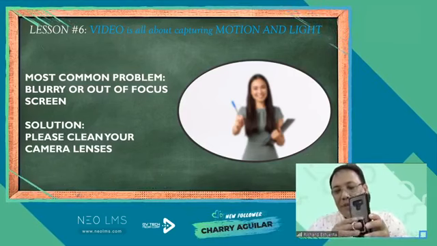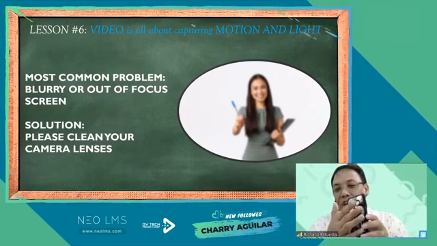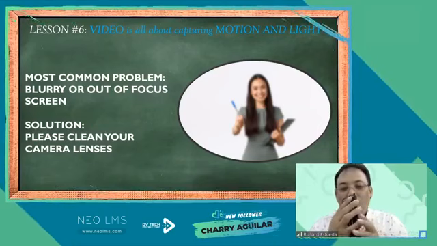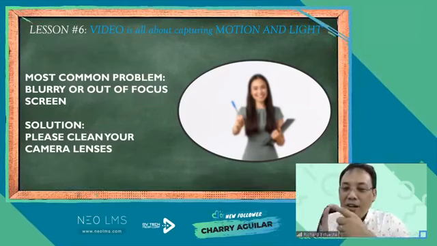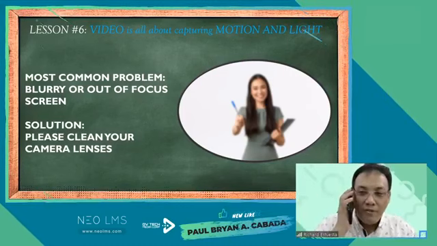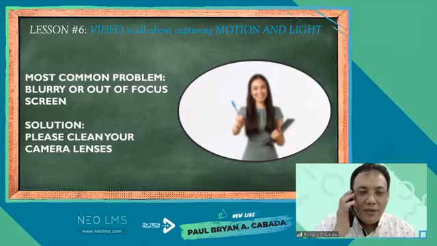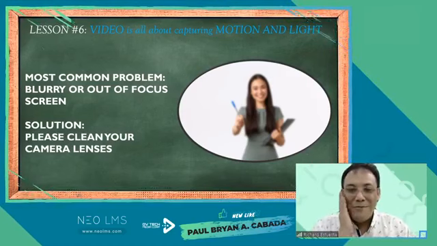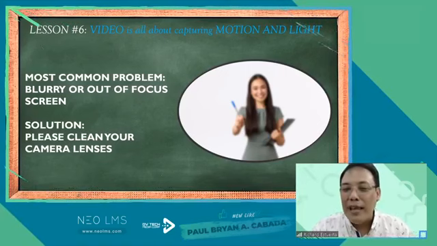What they don't know is that sometimes you get to touch your lens at the back when you're holding your phone and calling. And worse is that your front camera gets to touch your face when you do a call. So those oily film from your face would actually transfer to your lens.